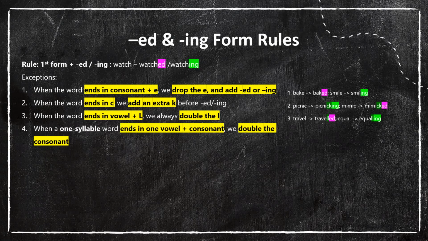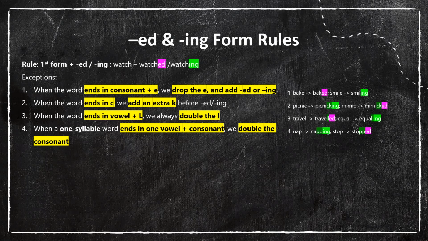When a one-syllable word ends in one vowel and one consonant, we double the consonant. So, for example, nap, napping, stop, stopping. It ends in AP, which is one vowel and one consonant, in OP, which is one vowel and one consonant. Please take care that it has to be only one vowel, right?